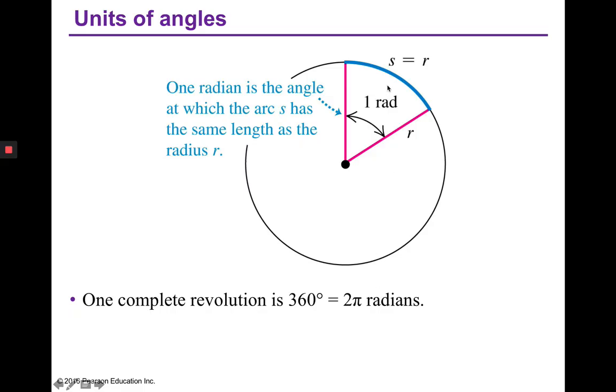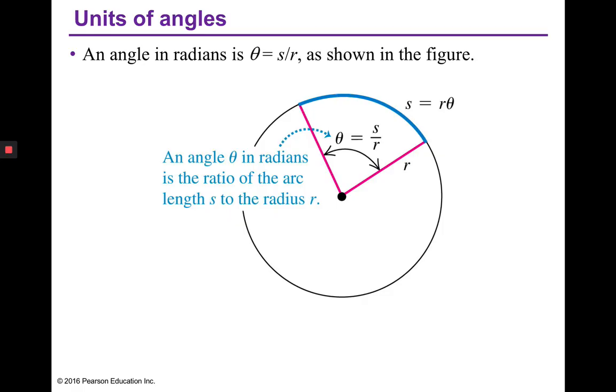So you have to rotate around this angle about 6 times to make a complete circle. So by definition, an angle measured in radians is the length of the arc divided by the radius. So S equals R theta. This is going to come in useful later.